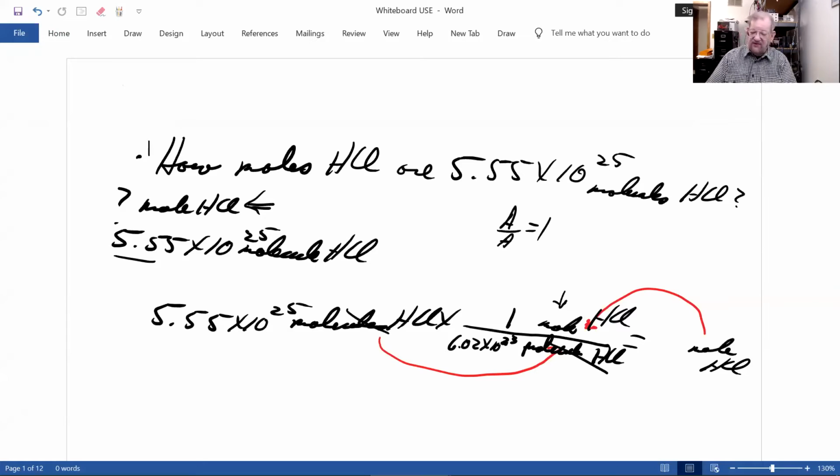So the answer for that problem is 9.22 times 10 to the 0, or 9.22, because 10 to the 0 equals 1. And that's how you do it. Let's move on.